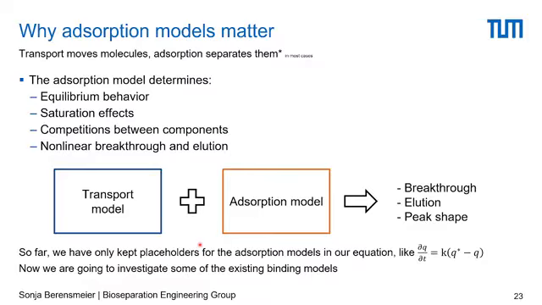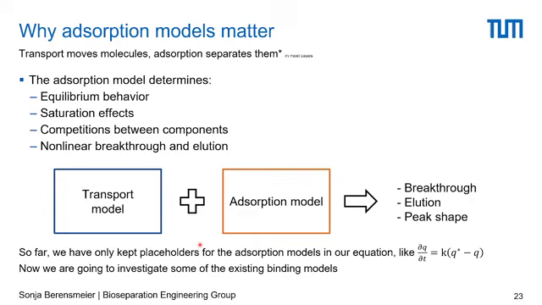Okay, so we have now looked into some different transportation models that exist and what the upsides and downsides are, the different complexity levels. However, what all of these models are missing, or what I always see described as delta Q over delta T, so the stationary phase concentration over time, is described by the adsorption model.